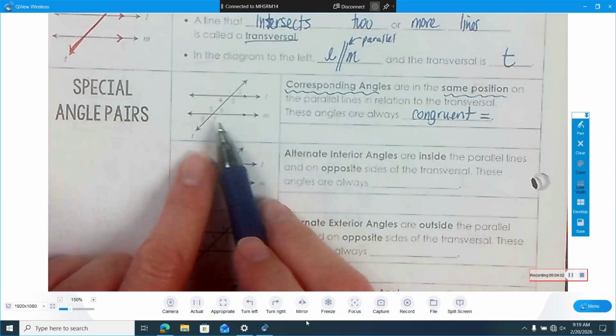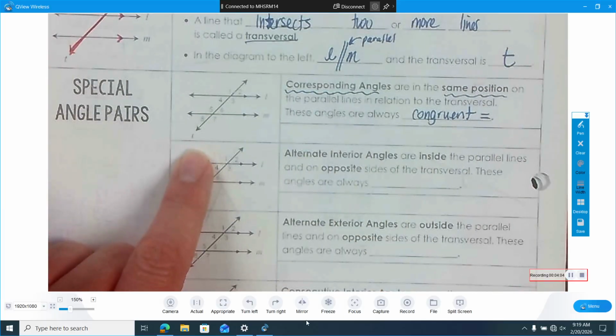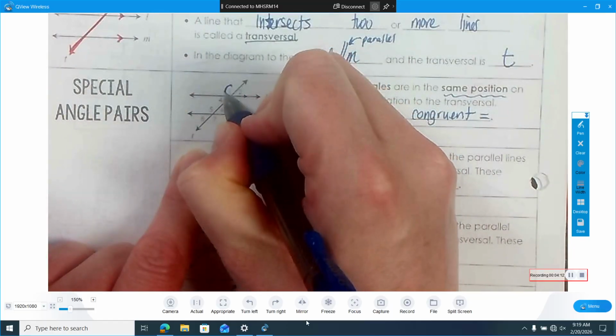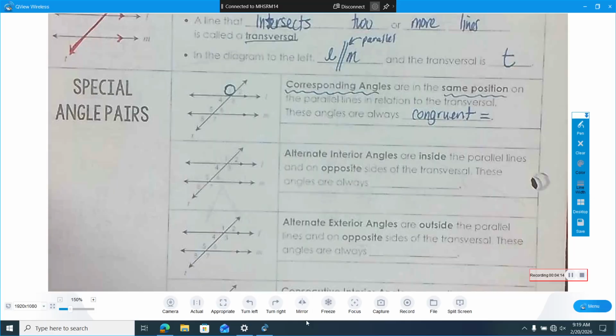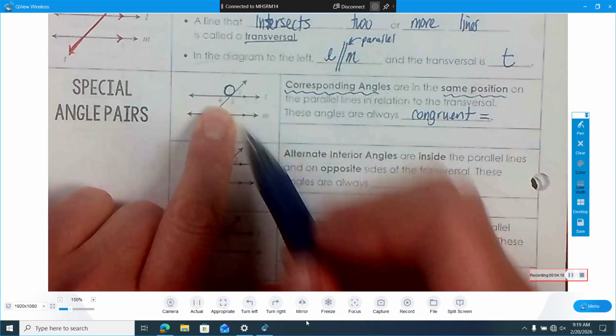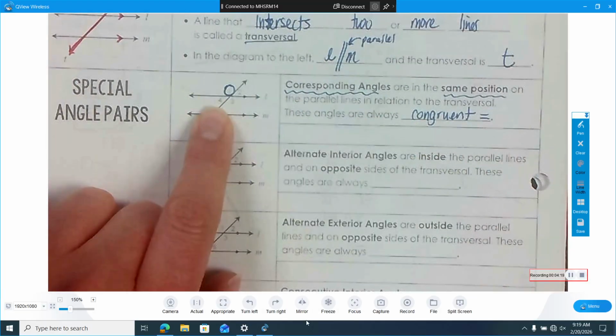So, looking in this picture, we want to be able to identify corresponding angles. Corresponding means they're in the same relative position. So, for instance, when I look at angle 1, I see that it's sort of in the top left position. Do you see that? Does that make sense to you? Okay.